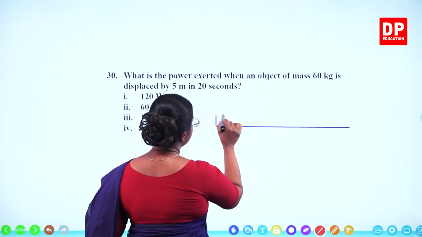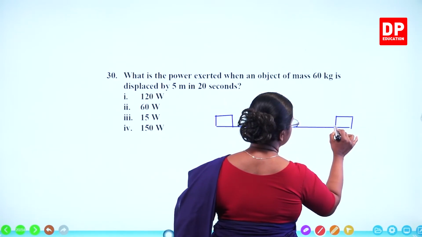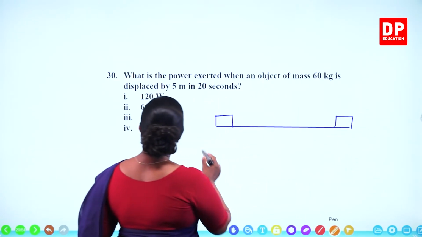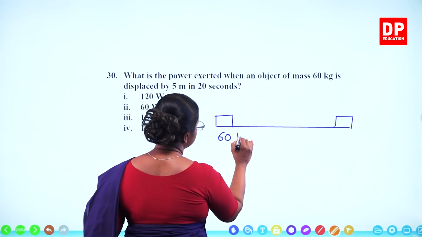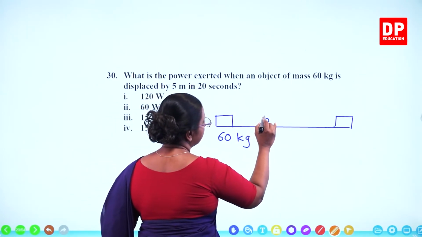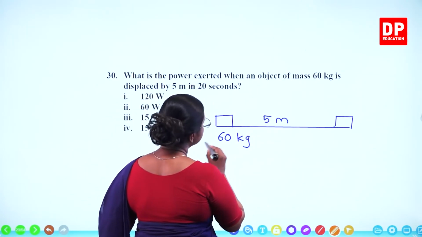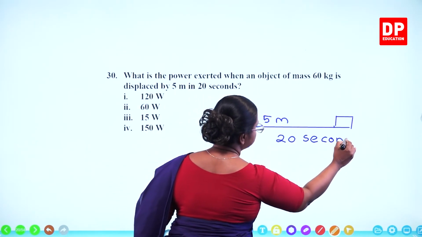So there is an object that is being displaced. So what is the power exerted? This has a mass of 60 kilogram and it is displaced by a distance of 5 meters. Time taken is 20 seconds.